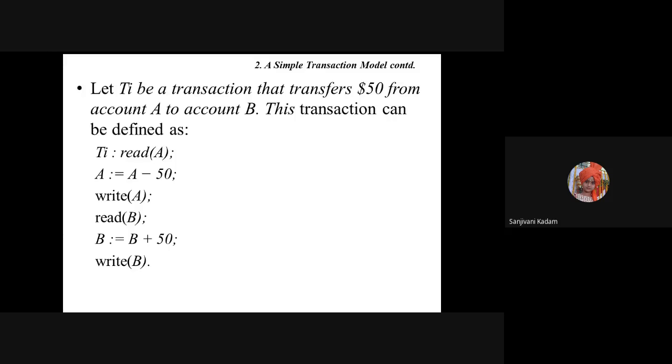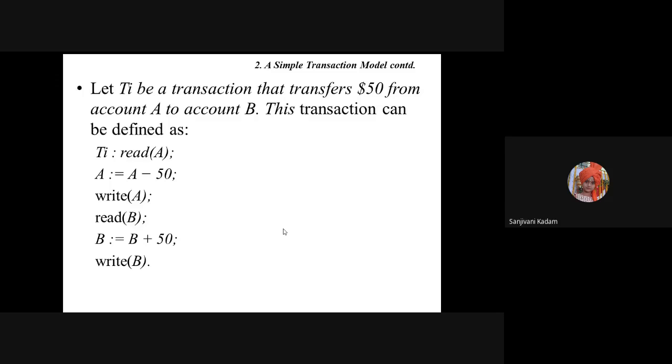Ti first reads data item A. Then it deducts $50 from A, stores the changed value into A only, and writes back the changed value.